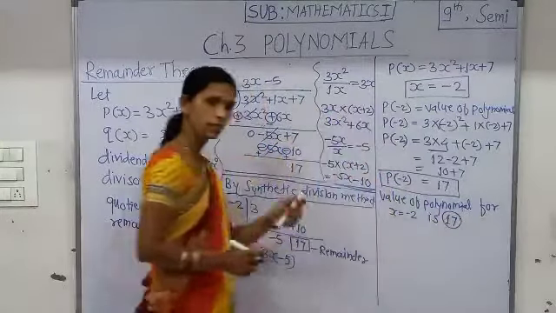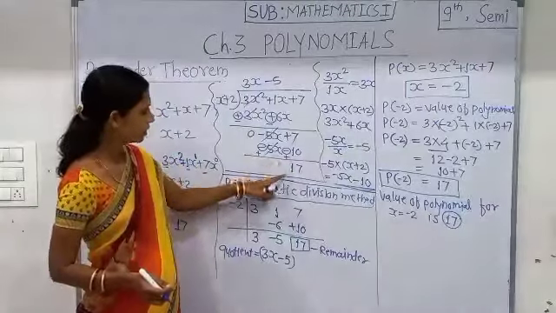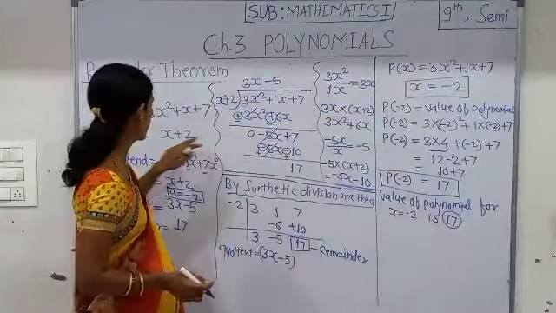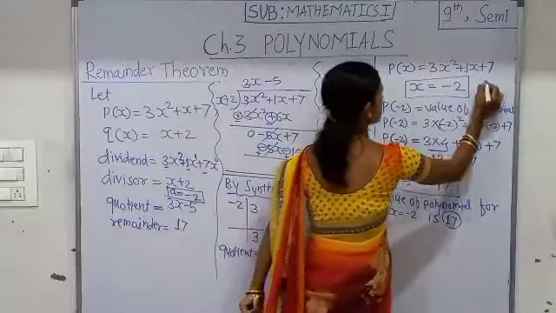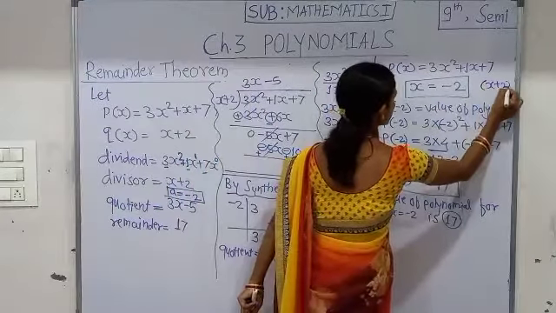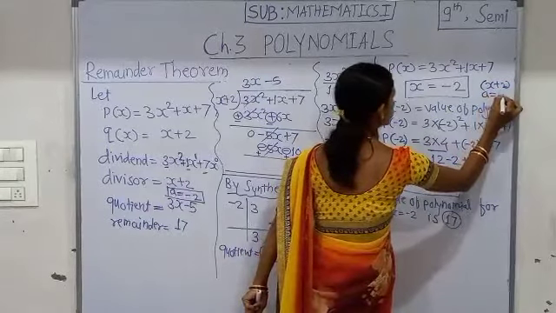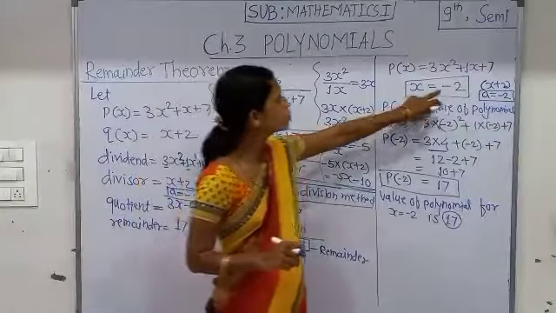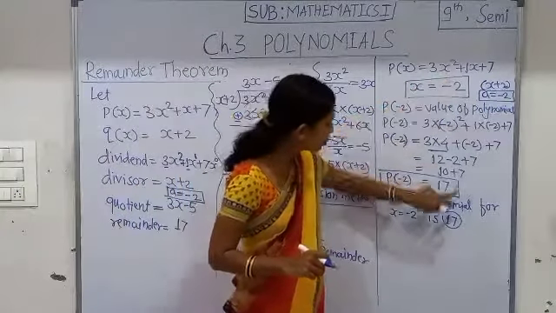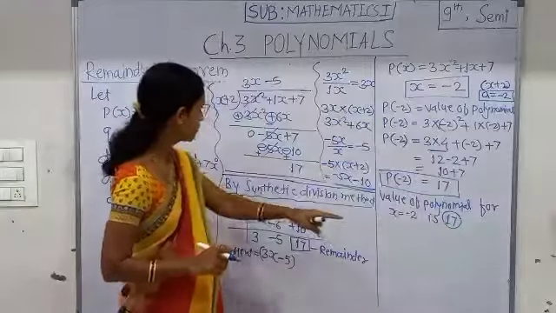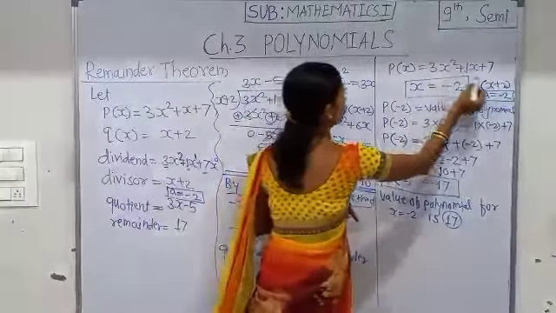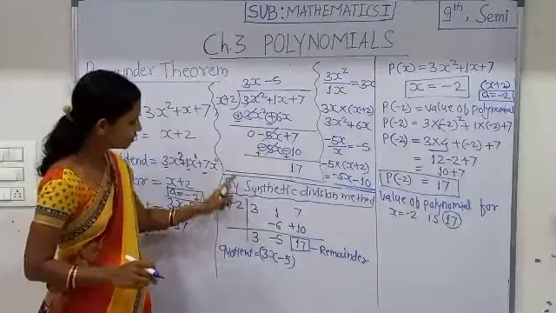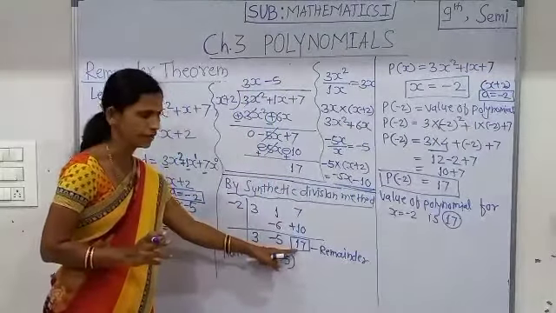And see here, focus here, that the same polynomial when it is divided by x plus 2, where x plus 2 is a divisor, and therefore a is equal to minus 2. That means for the value of minus 2, the value of this polynomial is 17, as well as if that polynomial is divided by x plus 2 by any one of the methods, then the remainder is also 17.